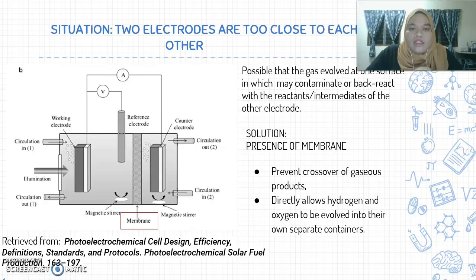The magnetic stirrer also will have two at different positions, one at the working electrode and the other one at the counter electrode. So, for your information, the function of this magnetic stirrer is to maintain the electrolyte concentration and to minimize the pH gradient.